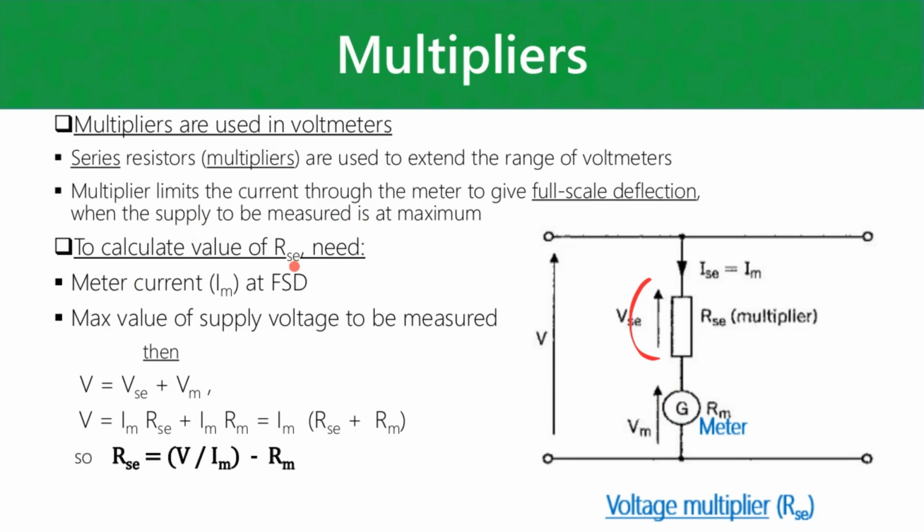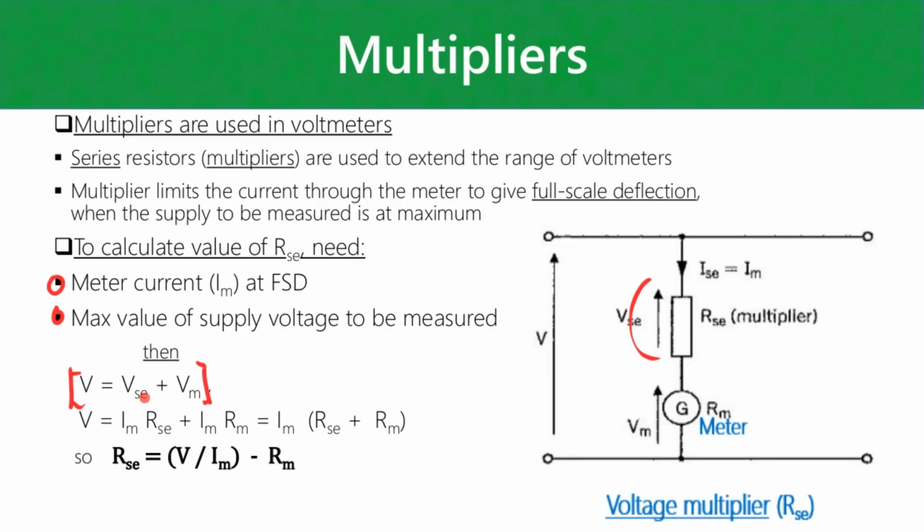Right, so our meter current at full-scale deflection is what we're going to need to calculate the multiplier resistance. And we also need to know what the maximum value of the supply voltage is going to be. Then the supply voltage is equal to the two voltages across the multiplier resistor and meter resistor.